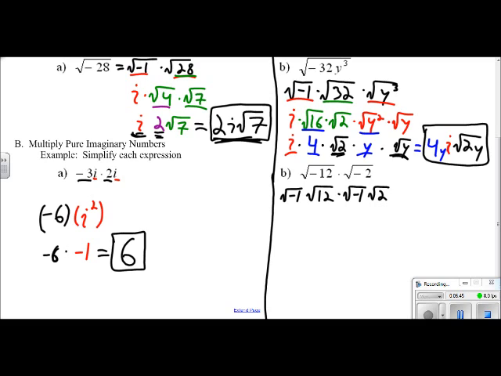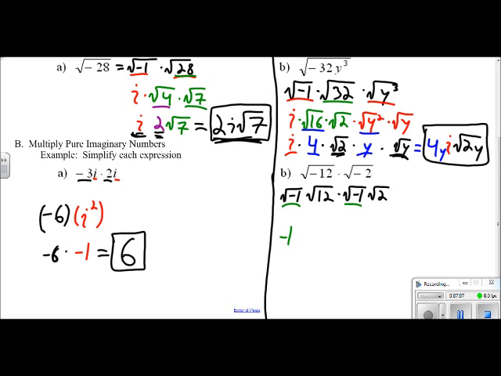Now, in this case, we see the same term here, the square root of negative 1 times the square root of negative 1. And anytime we have the square root of something times itself, we know that it's just the radicand back to normal. So the square root of negative 1 times the square root of negative 1 is just negative 1.